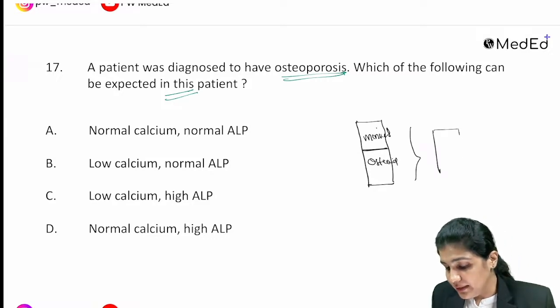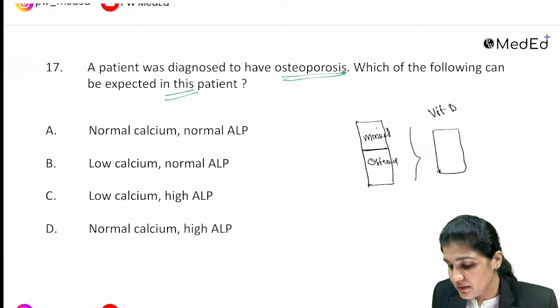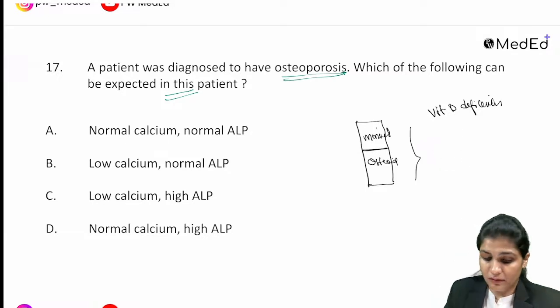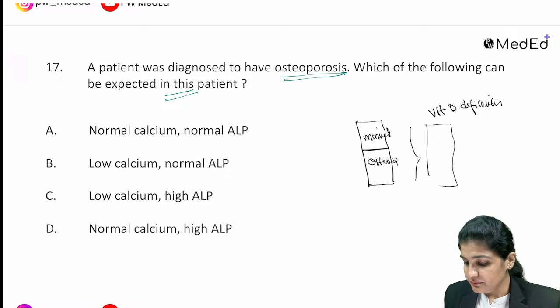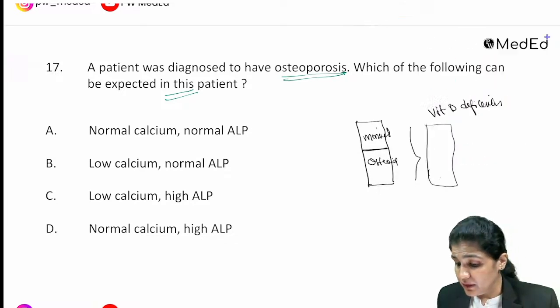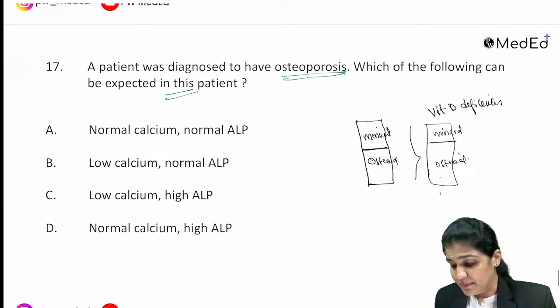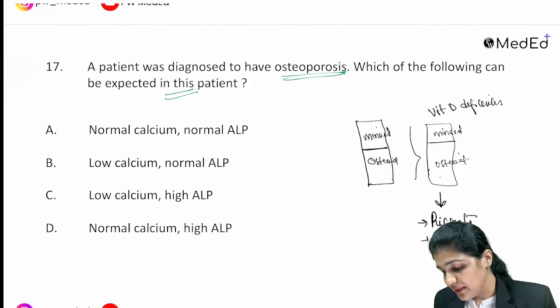And in case of vitamin D deficiency, the mineral will be completely reduced. Same proportion of osteoid, but this is the mineral portion which is less and this is the osteoid which is more. Hence the bones become weak, right? They can be easily deformed because the mineral is what gives the strength to the bone.